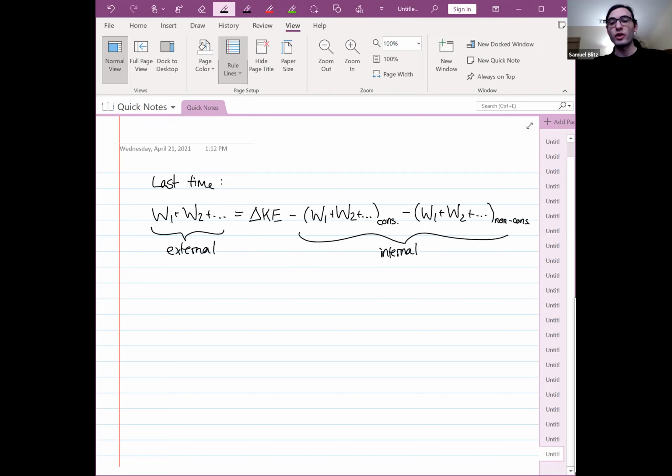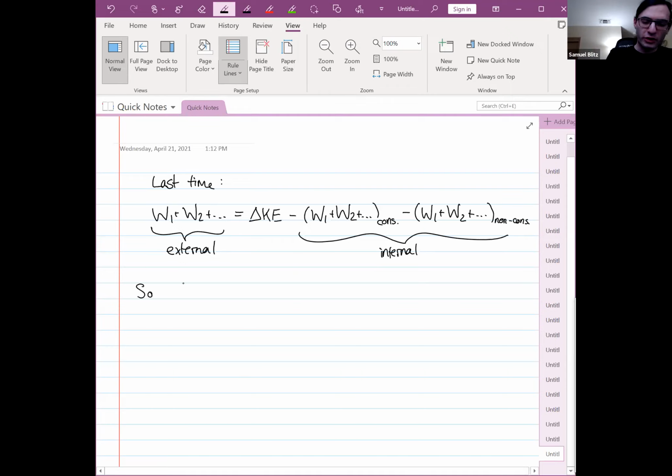The only thing the work done on an object cares about is where the object started and where it finished. It doesn't care how it got from point A to point B. It only cares about where the starting and ending places were. And so we can use that notion to define something that is internal to the system.